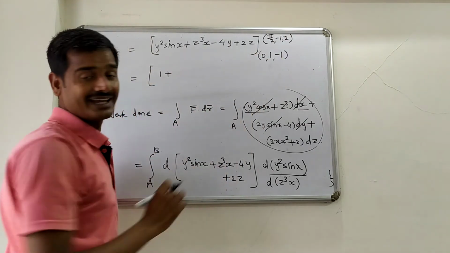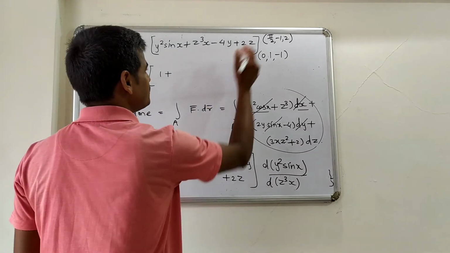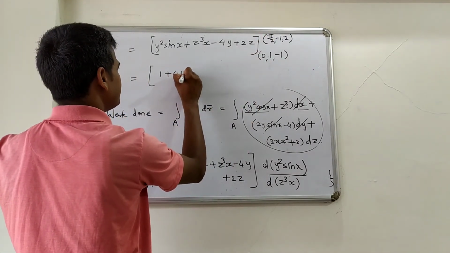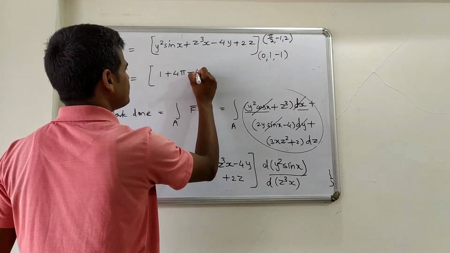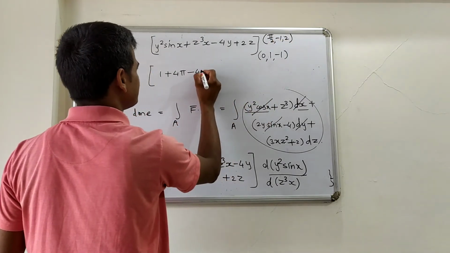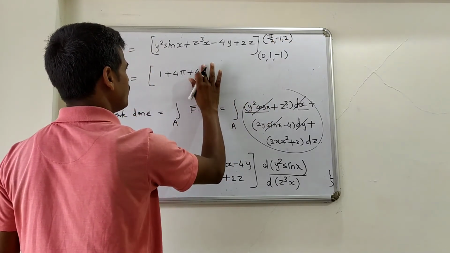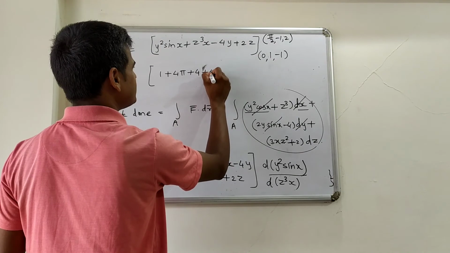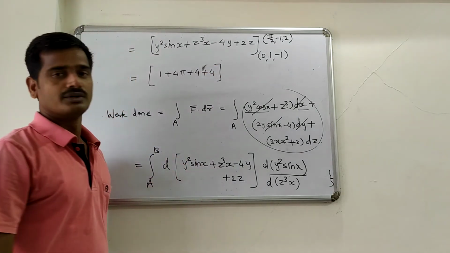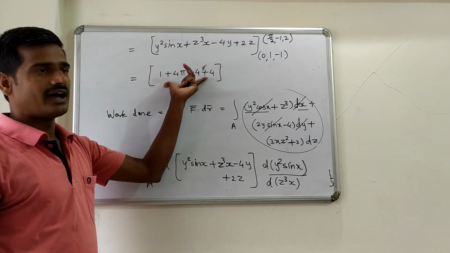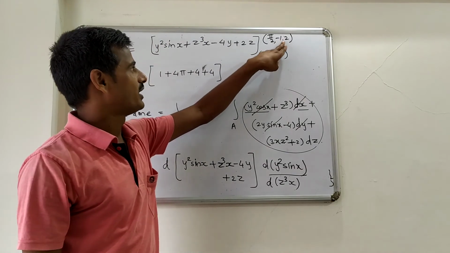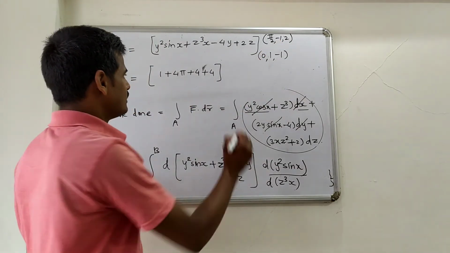Z cube is 8, into pi by 2, so it is 4 pi. Minus 4y, y is minus 1, so plus 4, and plus 2z, that is plus 4. This is the value when x is pi by 2, y is minus 1 and z is 2.